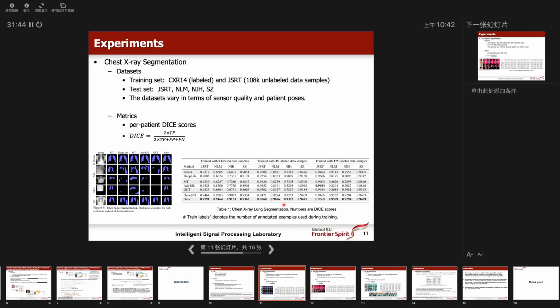In other words, it's using fewer labeled data and still does better, which is interesting. How many unlabeled samples were used in this case? This is semi-supervised, right? The unlabeled dataset is about 100,000, much more. So it's learning more from the unlabeled data than the labeled ones here, it seems.